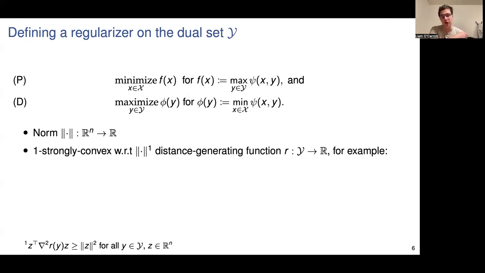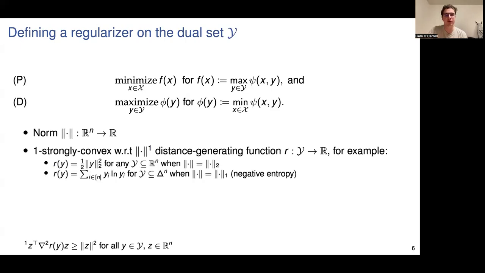It's a distance generating function over the dual constraint set Y. If you're not familiar with this, you can just think of either of these examples. If you're working with the L2 norm, the standard distance generating function is the Euclidean norm squared. And if the dual constraint set is a subset of the simplex and you're working with the L1 norm, then the standard distance generating function is negative entropy.